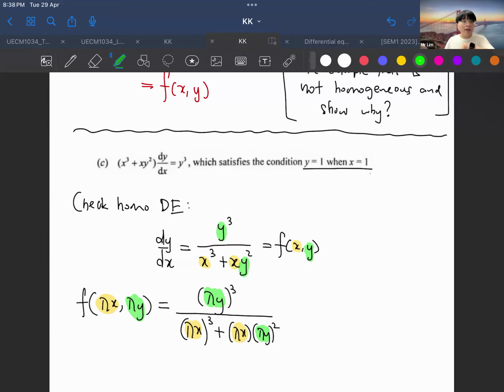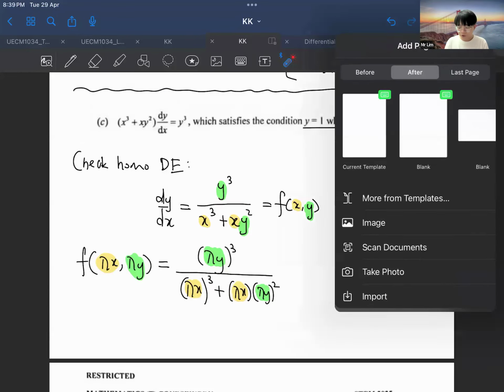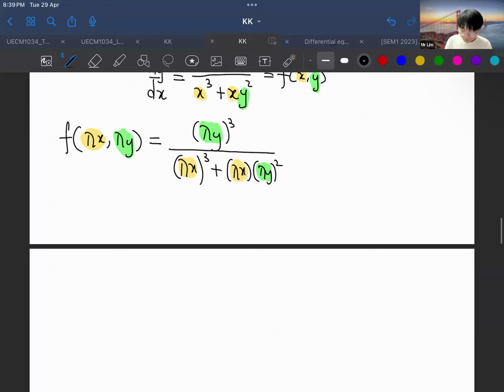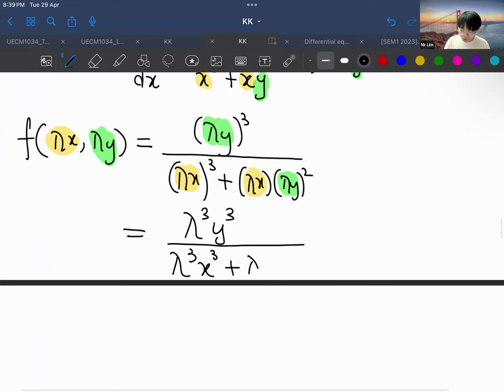So what should I get at the end? I should get back my f(x,y). So somehow you also have to cancel the lambda, λ to the power 3 in this case. Let's do that. If you expand, you will see λ cubed y cubed over λ cubed x cubed, and here you also have λ cubed x y squared.